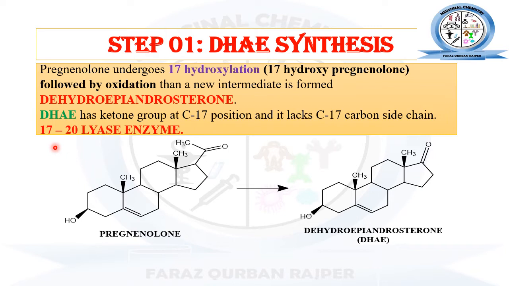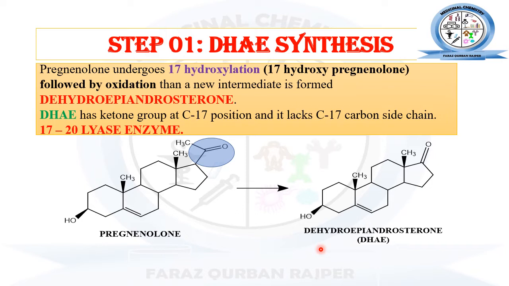Dehydroepiandrosterone is the molecule which has the ketone group at the C17 position, and it lacks the C17 carbon side chain that is present in pregnenolone. Over here, the reaction is shown where pregnenolone is directly converted into dehydroepiandrosterone.